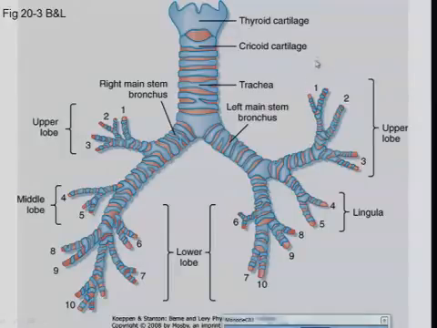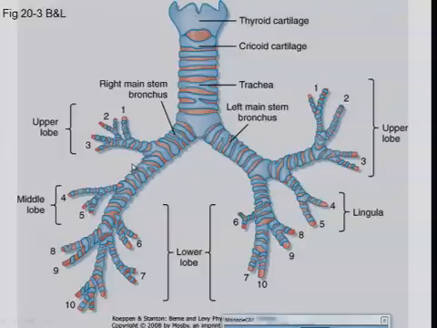Now we talk more about the airway. As we talk about the airway, the upper airway has these cartilage rings that surround it. As you can see, the airway branches down into multiple branches, and we've got the right and we've got the left.